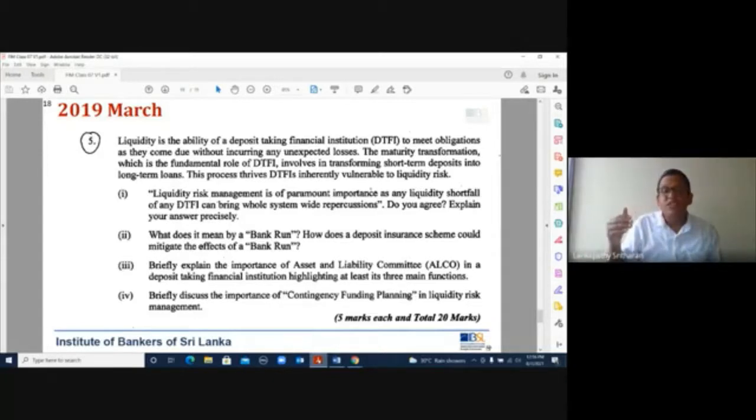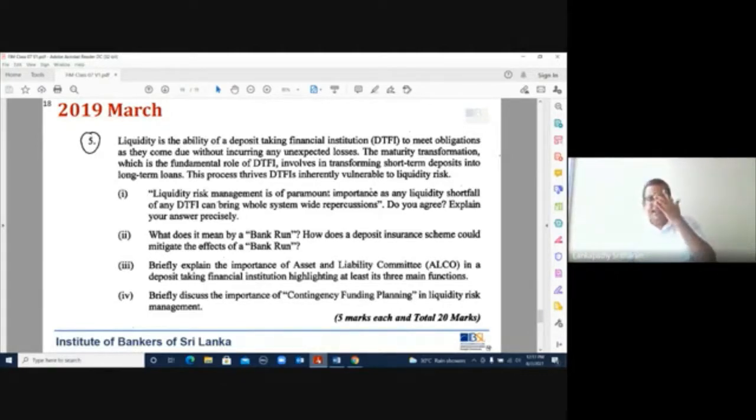That is called contingency funding plan, and it is important to mitigate the liquidity risk of a particular bank.